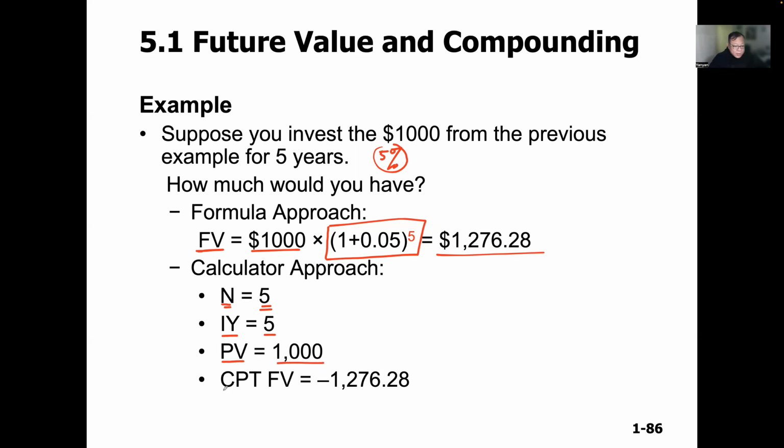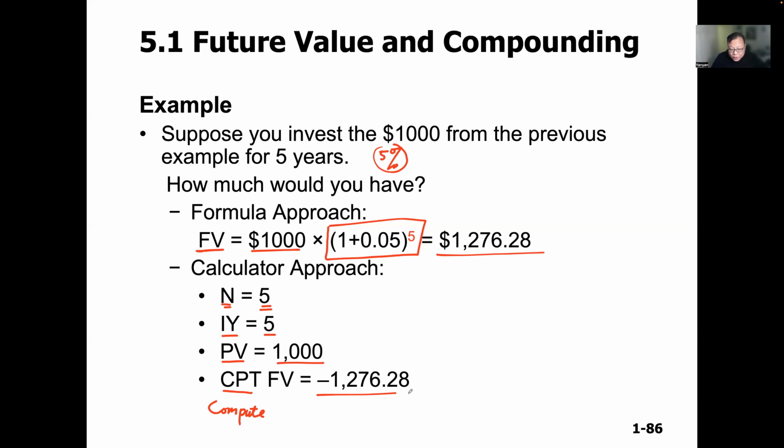Then you press the button in the top left corner, the CPT button first. That's called compute, just to let you know what CPT represents. So compute FV, future value.